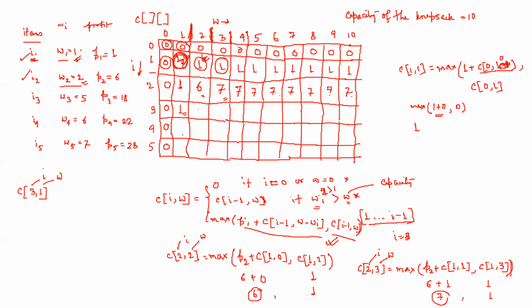If you apply this equation, this value will be 6 again. If the capacity of the knapsack is 3, if we calculate this value, this value remains 7.